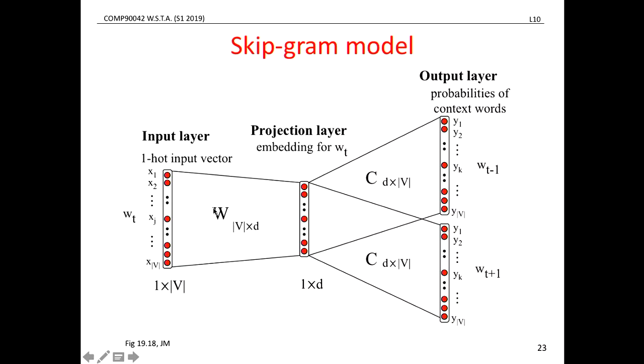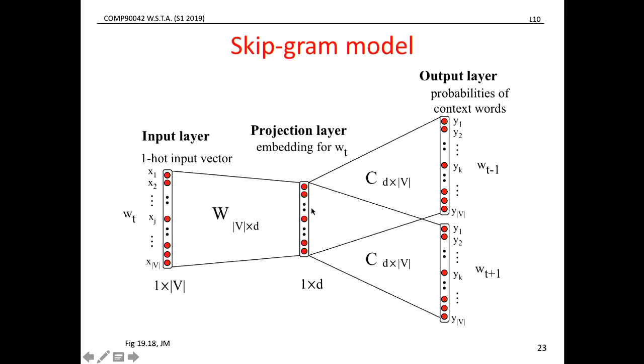Now, if we multiply that through by our big matrix W, all we're doing is reading off one of the rows or columns, depending on whether we multiply on the left or the right. So multiplying this one-hot input by a matrix is effectively just indexing one of the rows of the matrix.